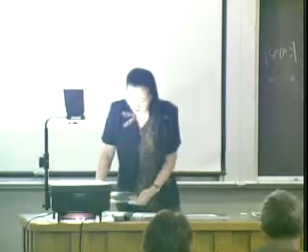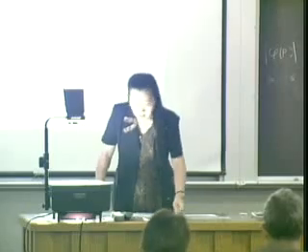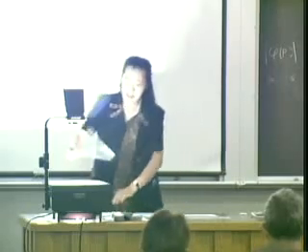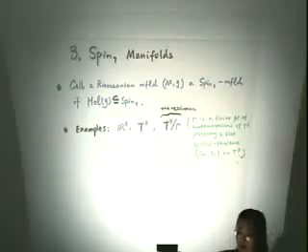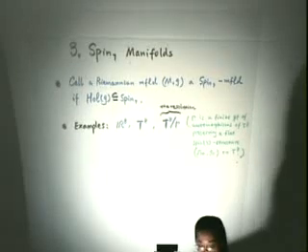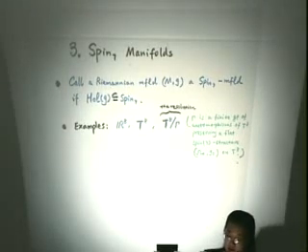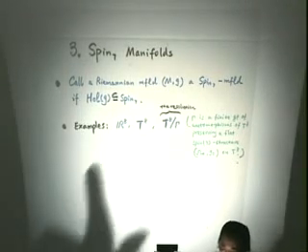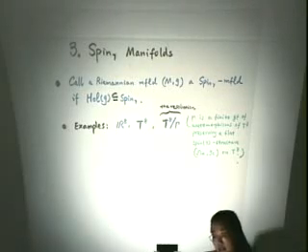Okay. So the Spin(7) manifold. What are Spin(7) manifolds? A manifold is called a Spin(7) manifold if its holonomy is contained in Spin(7).